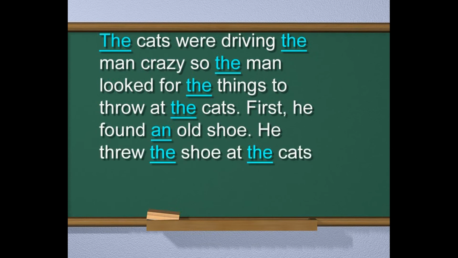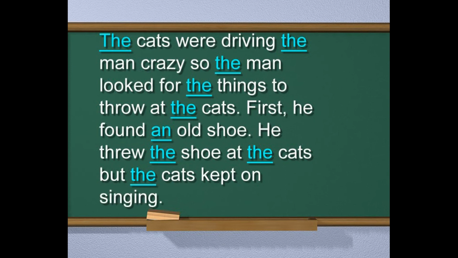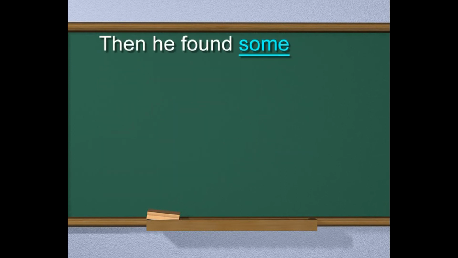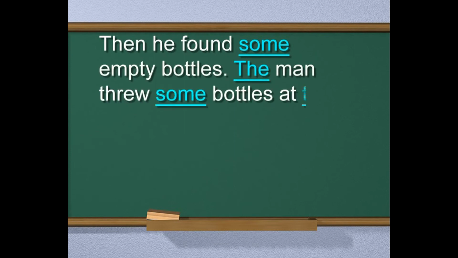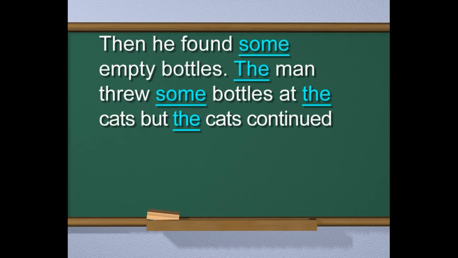He threw the shoe at the cats, but the cats kept on singing. Then he found some empty bottles. The man threw some bottles at the cats, but the cats continued to ignore him.